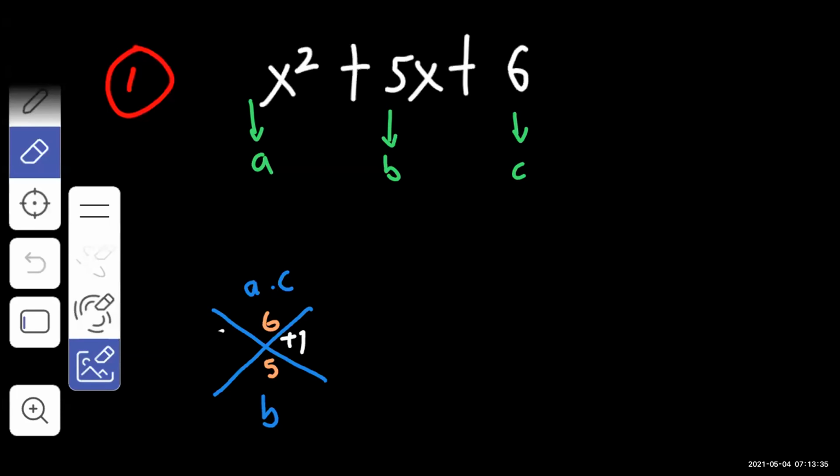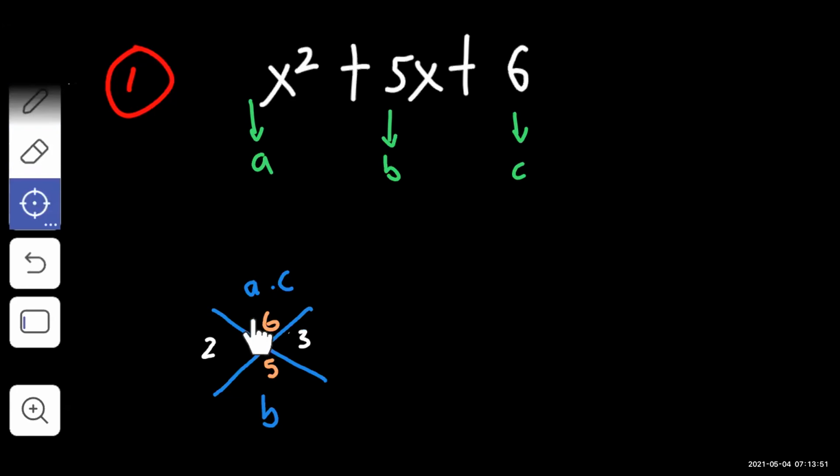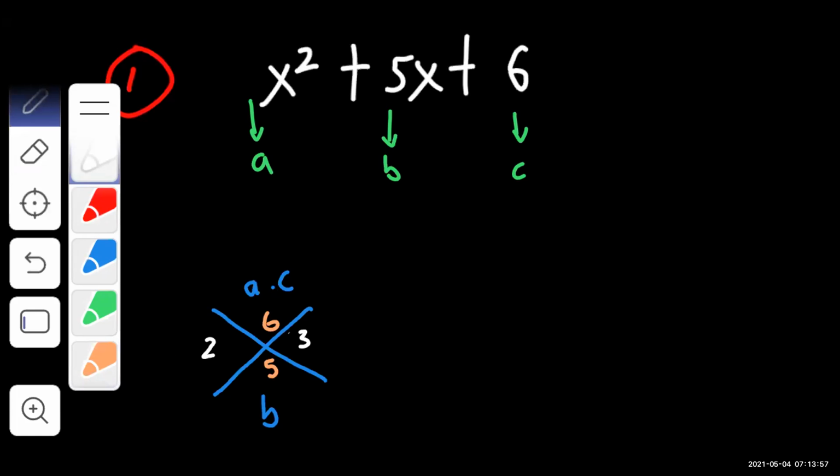I'm going to erase this and use another way. How can I factor 6 in a different way? Instead of 6 times 1, another way is 3 times 2, or 2 times 3. 2 times 3 is 6. It could be positive or negative, because we need to play around with the signs.